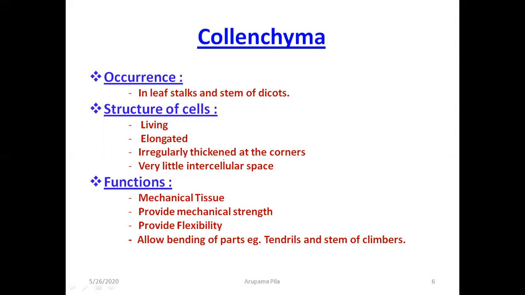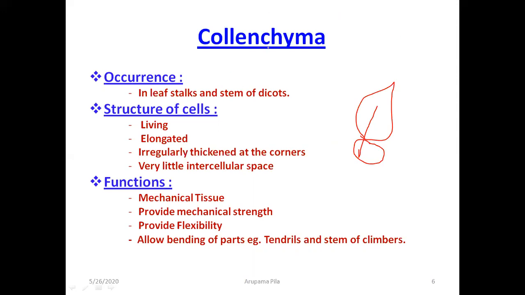So here you can see its occurrence. Where does it occur? It occurs in leaf stalks and stem of dicots. In leaf stalks means, for example, this is a leaf and this portion is known as the leaf stalk, which we call the stem of the leaf.